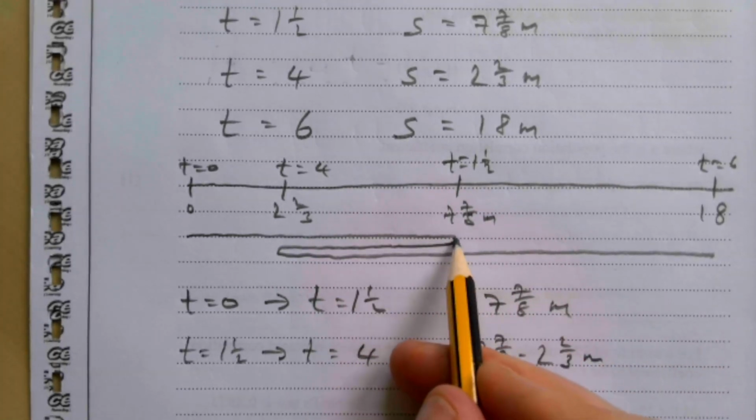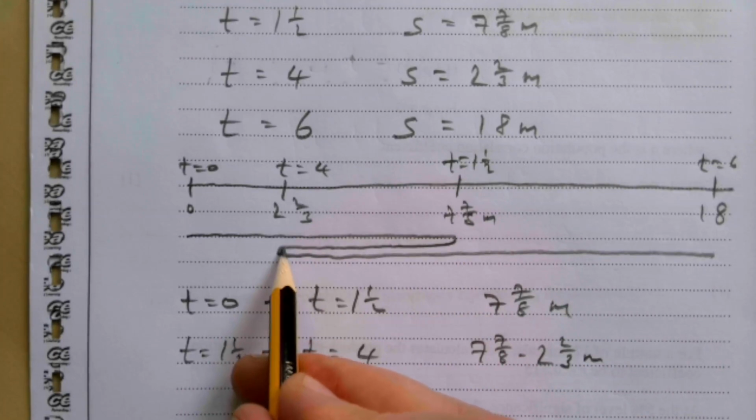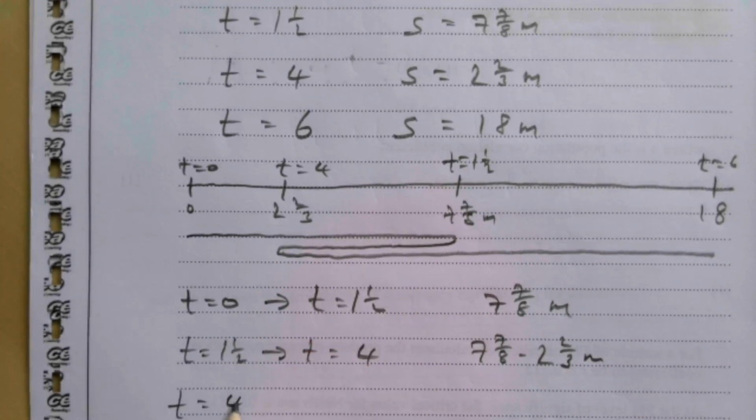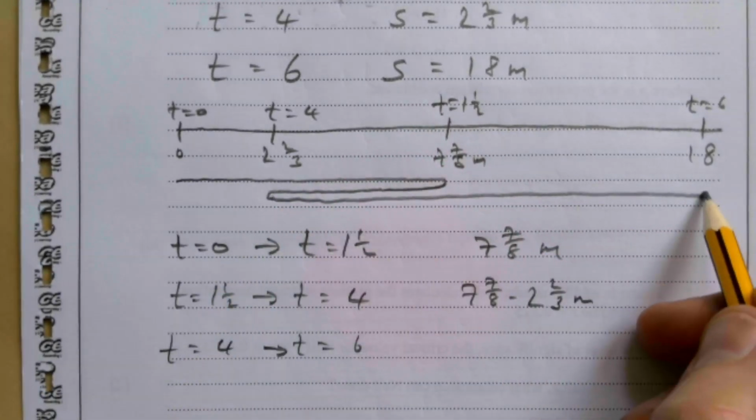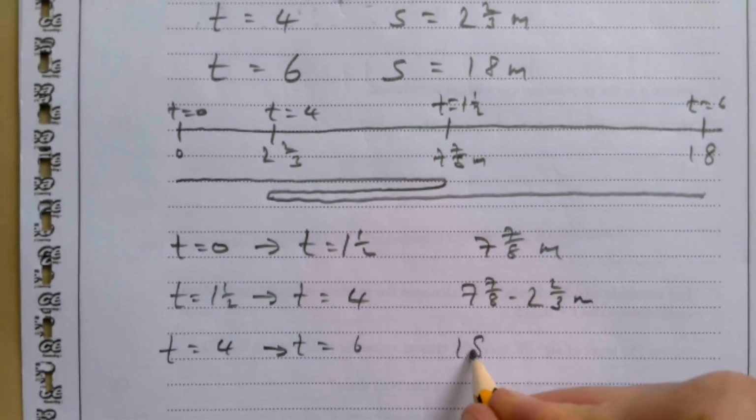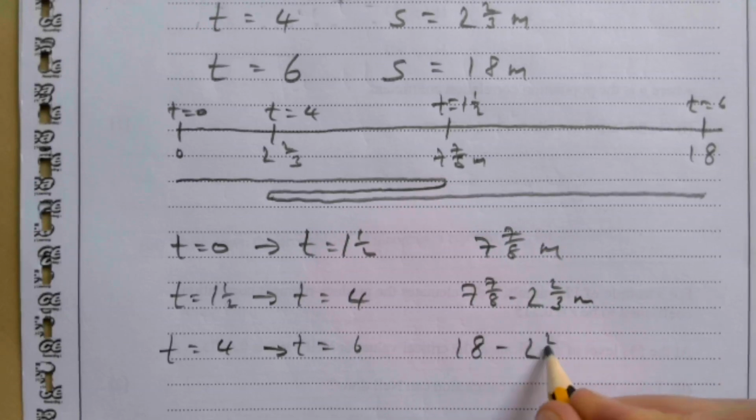Do you see that? So going from there to there. And then between t is 4 and t is 6, we've gone from 2 2/3 all the way up to 18. So it's 18 take away 2 and 2/3.